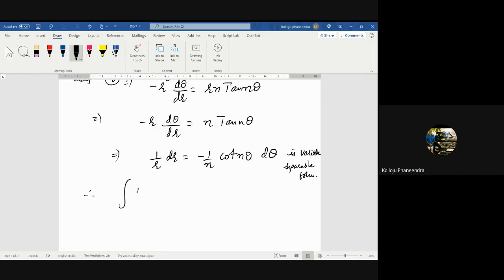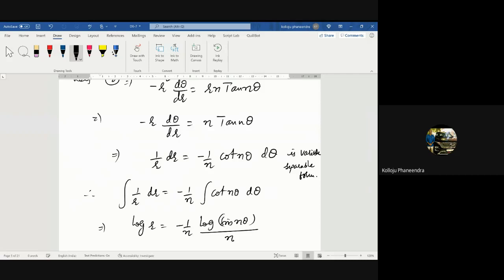Therefore, integral of 1 over r dr is equal to, n being constant anyway, cot n theta d theta. So log r is equal to minus 1 over n, cot n theta means log sine n theta, whole by n. Is it correct?